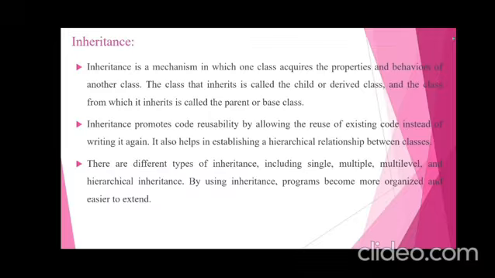The next one is, there are different types of inheritance including single, multiple, multi-level and hierarchical inheritance. By using inheritance, a program becomes more organized and easier to extend. Inheritance can be implemented in different ways depending on how classes are related, such as one class inheriting from another class, multiple classes inheriting or forming levels, and hierarchical inheritance helps structure the program in a better way.